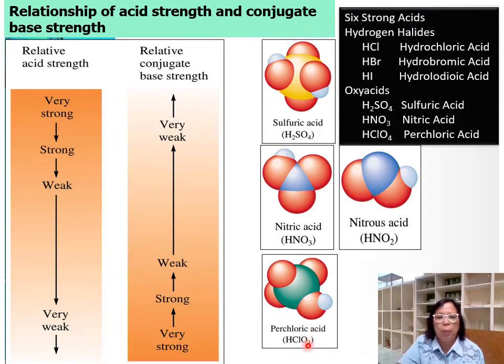It has 4 oxygen. The difference of perchloric acid and HCl is that the HCl has no oxygen. It is a hydrogen halide, HCl. Whereas for the case of perchloric acid, it is an oxyacid that contains chlorine or halide, but the amount of oxygen is also greater.